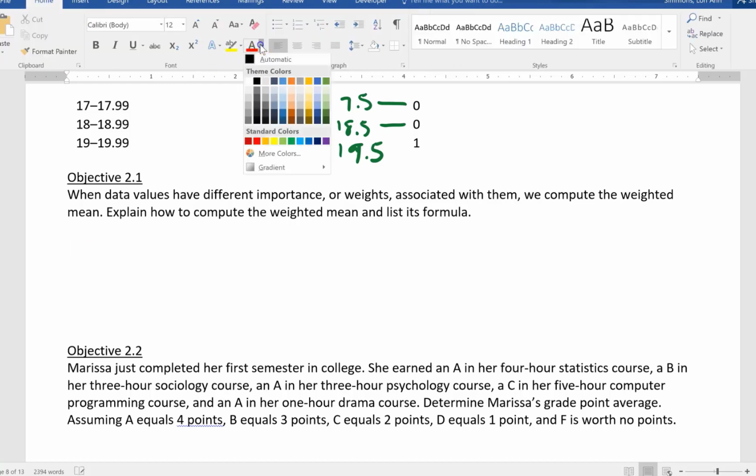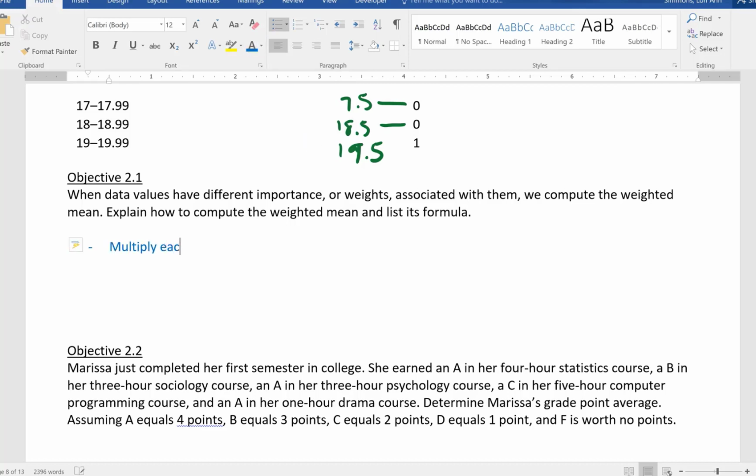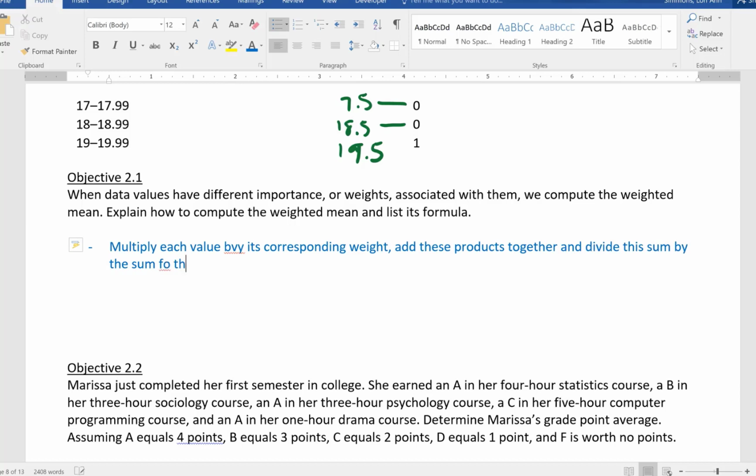So I'm first going to explain. I'm going to multiply each value by its corresponding weight, add these products together, and divide this sum by the sum of the weights.